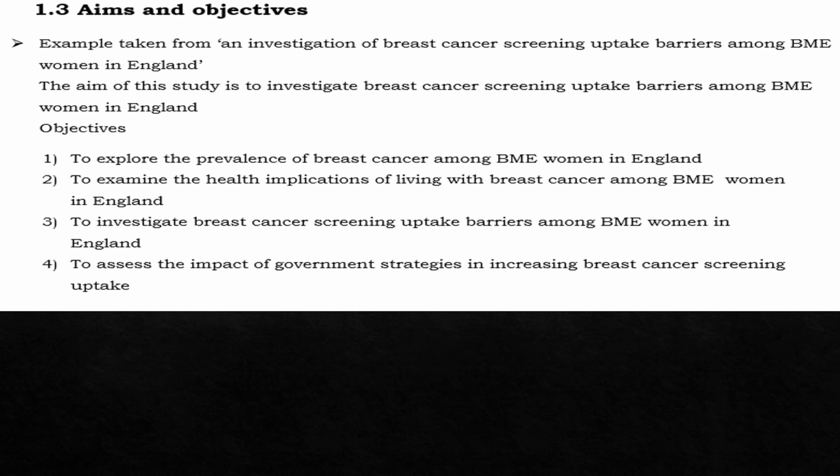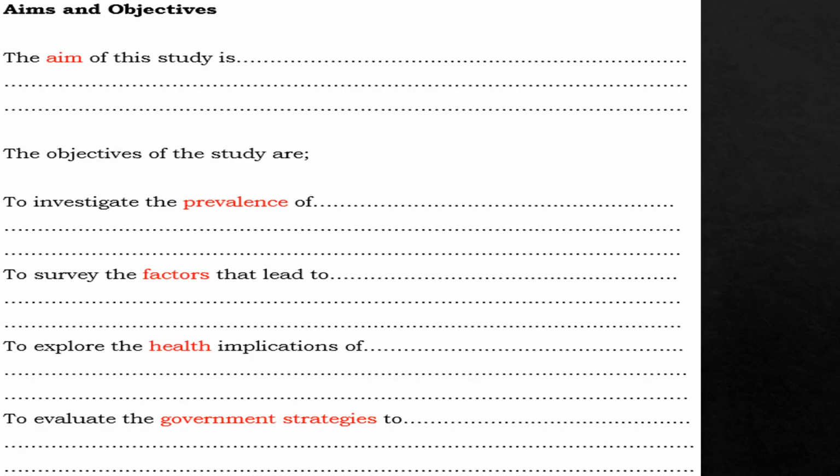Your 4 objectives will be somewhat similar in the sense that you will talk about prevalence, outcomes, government intervention, and so forth. In this section, I've given you a number of examples of aims and objectives. Moving on, just to give you a much more simplified outlook of what your aims will look like. The aim of the study is, and you change your research statement into your central aim, and then you'll talk about the objectives of your study.